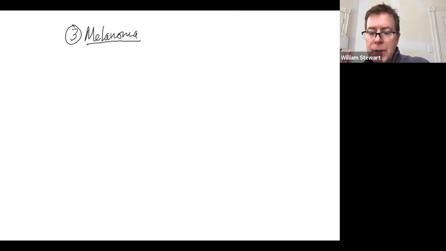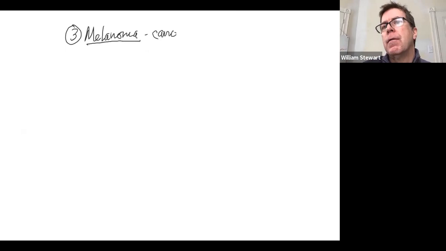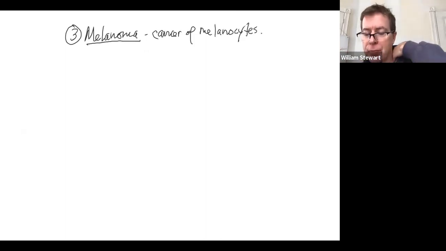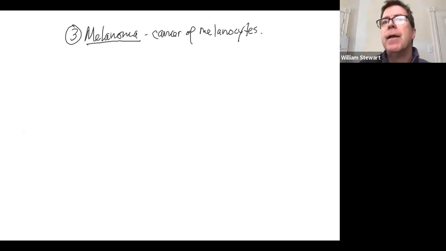Melanoma, just like the name suggests, affects the melanocytes. So it's cancer. Remember, melanocytes are also found in the stratum basale. They're just not the stem cells, they're the pigment-producing cells. This is by far, it's not common, it's the least common of the 3, but it's by far the most dangerous.